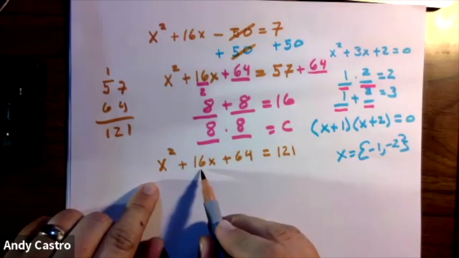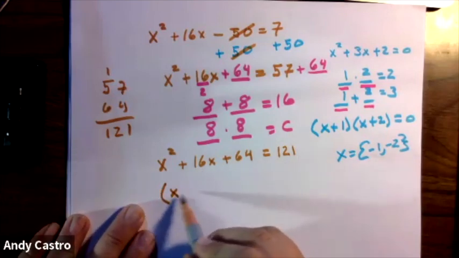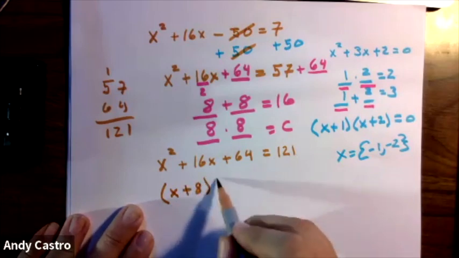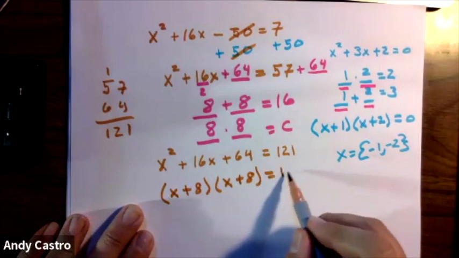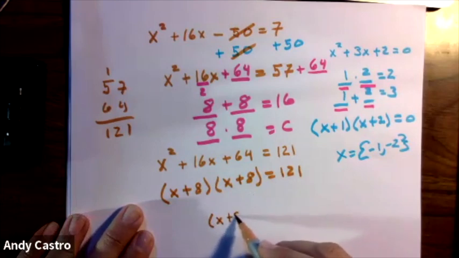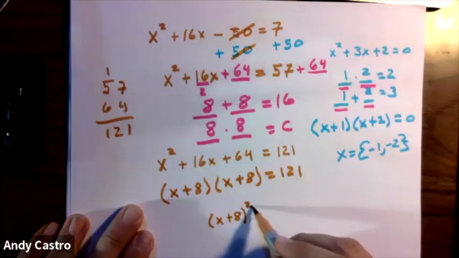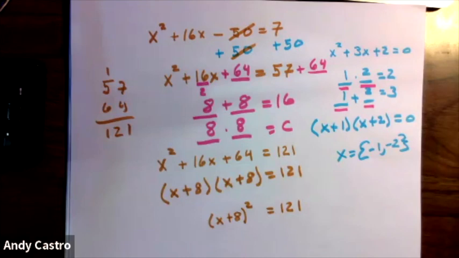All right. Now, this is a perfect square. The two things that add to give me 16, that multiply to give me 64, that's x plus 8 and x plus 8 again. So because these are the same, I can write this as x plus 8 quantity squared. Now, I can take the square root of both sides.